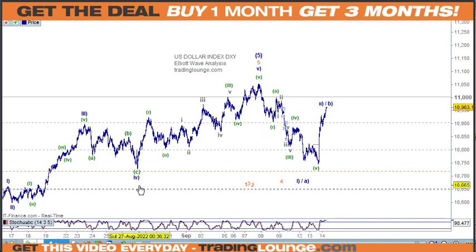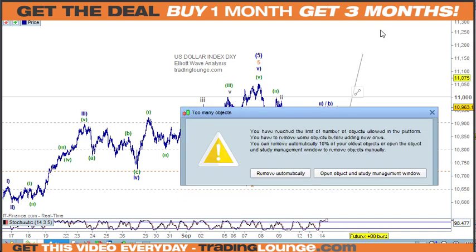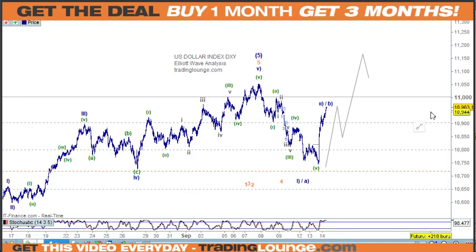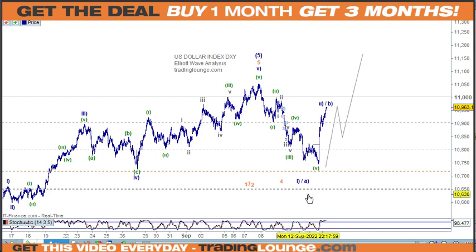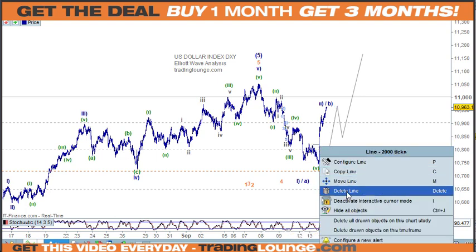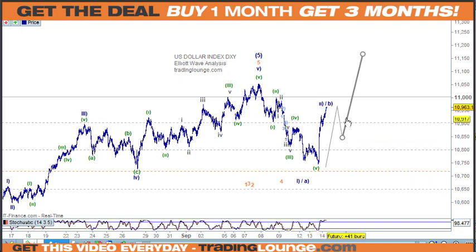But I'm just trying to think how else, because the way I see it is that we could go up here like this. That's what I'm thinking. I'm just not quite sure how to reconcile this at the moment. If you're long here, that's good. You might want to get out and we can get you back in over here somewhere.